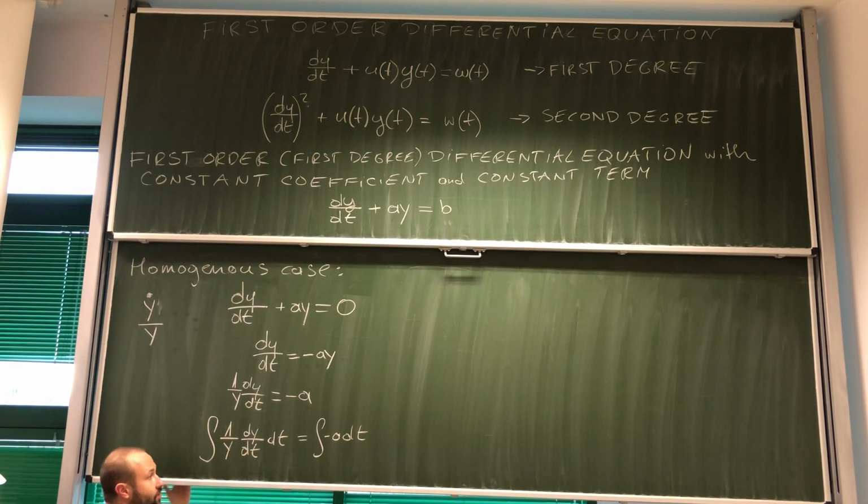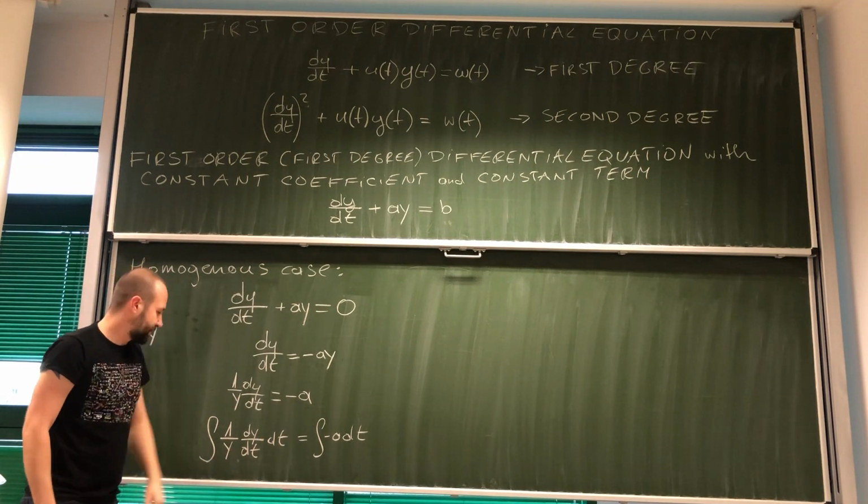Okay, so what are we going to get out of here? Look, what we see in this case is that we have a derivative divided by the function. So clearly we need to use the logarithmic rule.